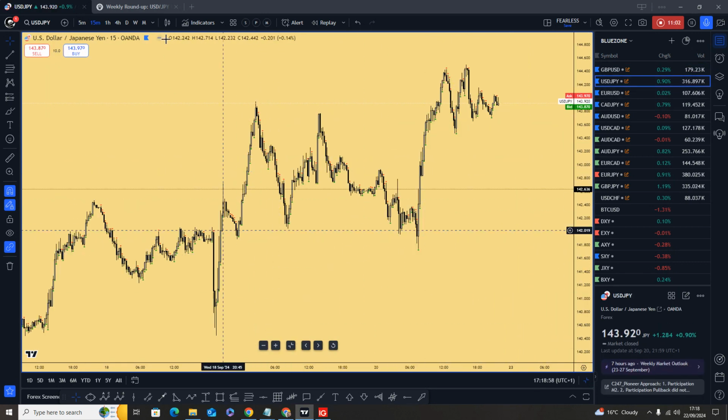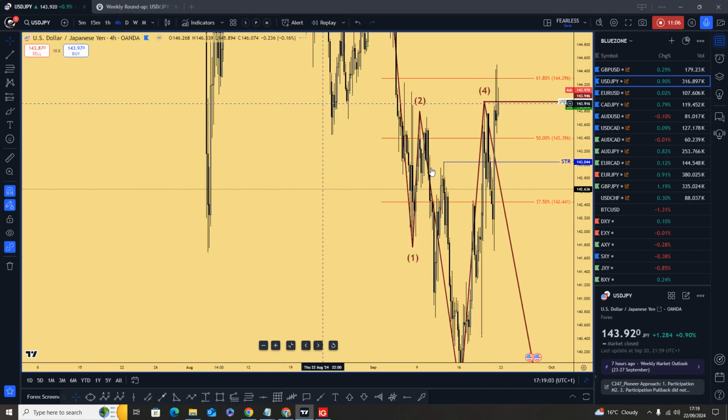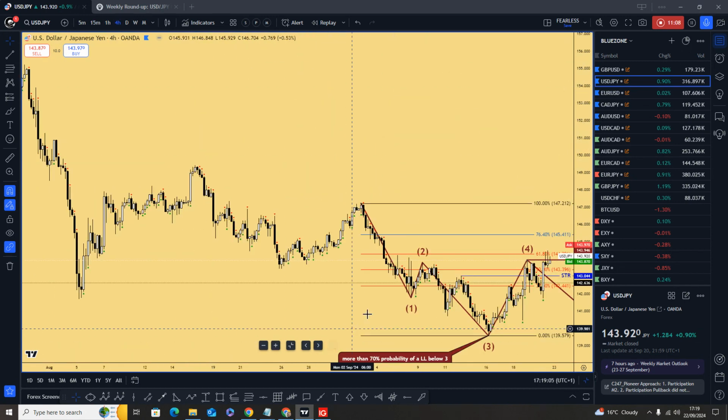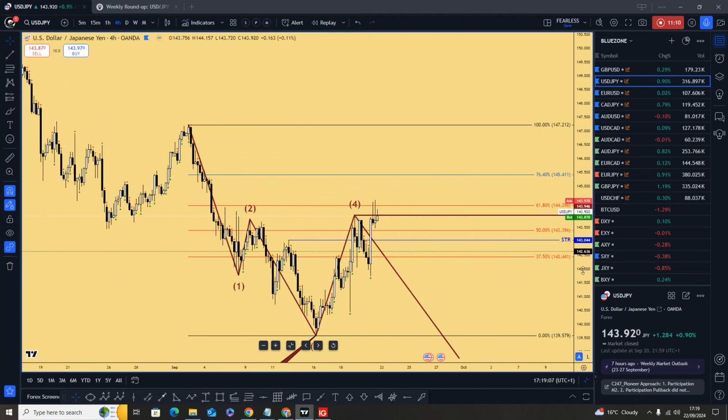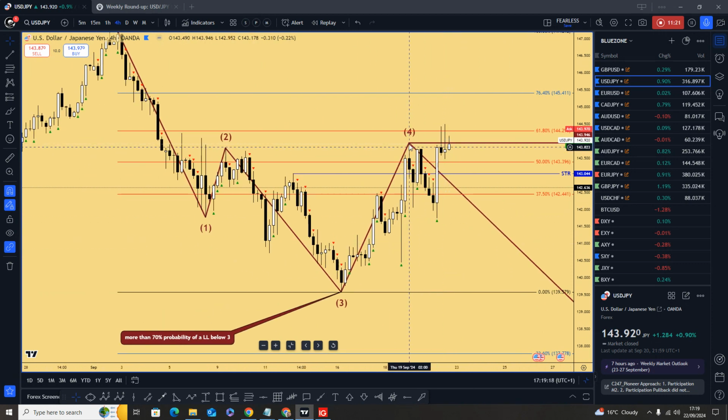The interesting one is the US dollar Japanese yen. I actually posted an idea. We couldn't sell. We had a 4 here, and I was saying if price starts to come above here, because we had a failure here, and this third one said we will start to come and close above this 4 here that we drew, this now becomes a bullish market.